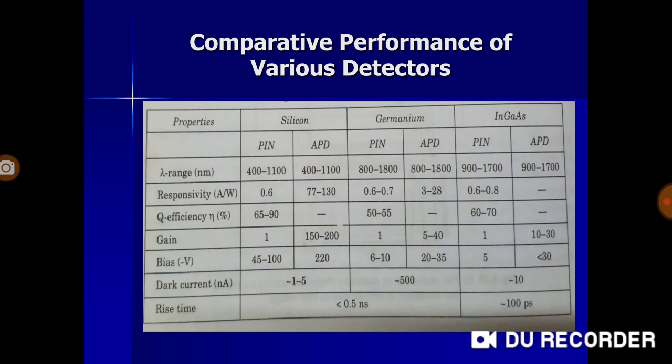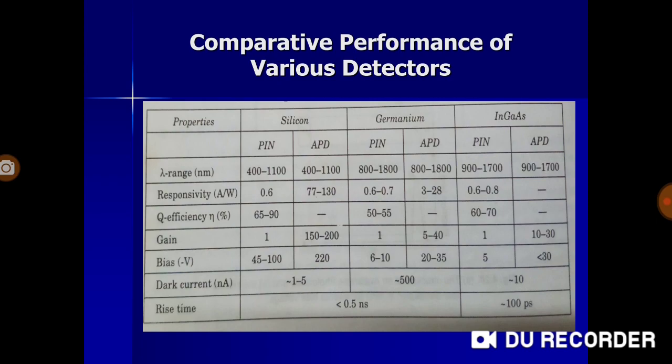APDs do not work on that. For any number of photons, the number of electrons will be huge because of the avalanche breakdown. So this term does not hold for APD. That is why we are keeping it dashed or blank over here.